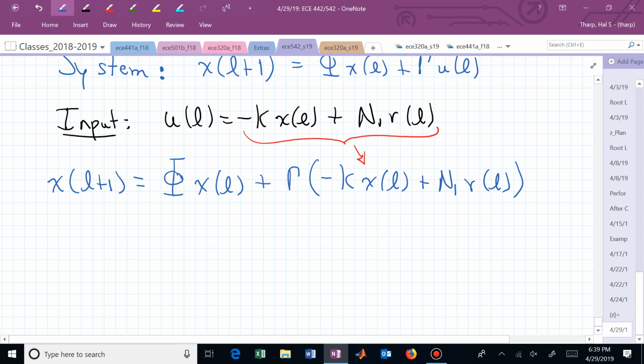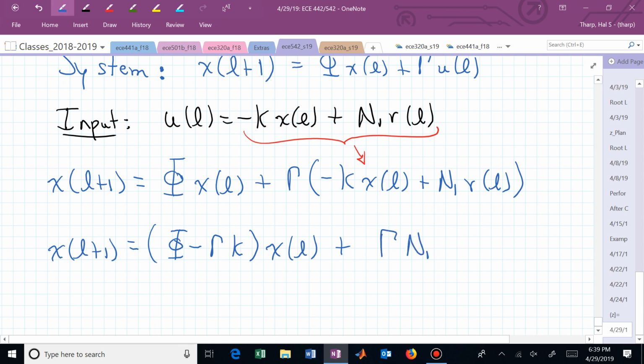And let me pull things together. I have a phi minus gamma K x of k plus I have an N sub 1 that gets scaled by gamma, or N1 scales gamma.